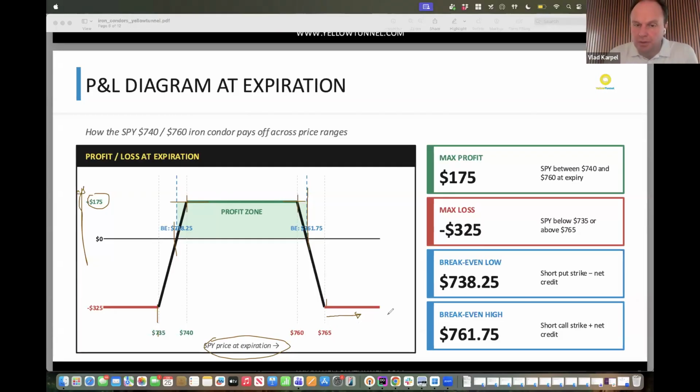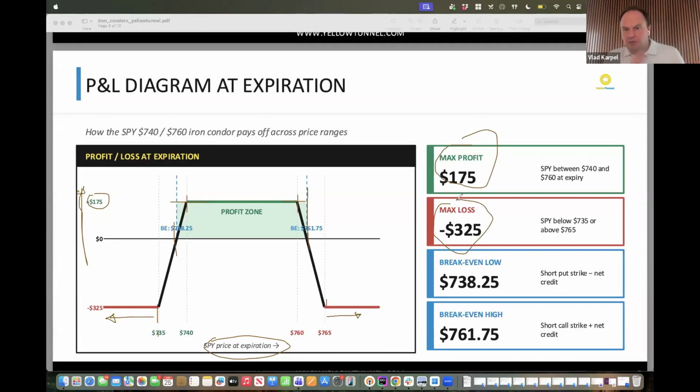You can lose no more than the difference in strikes minus the premium that you receive, and vice versa. If the Fed decides to raise interest rates or oil prices go back to the 200 level, right, then most likely Spiders will not hold the 735 level, and the market is going to sell off. This is important. This is understanding the maximum profit and maximum loss.